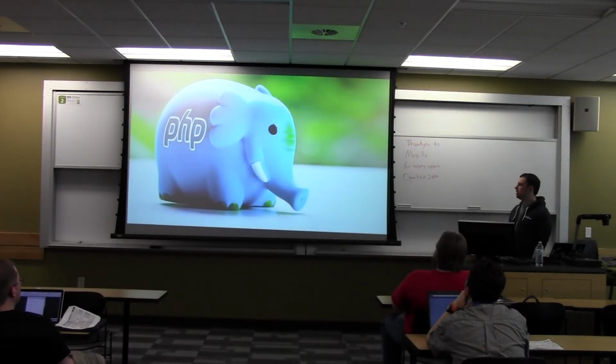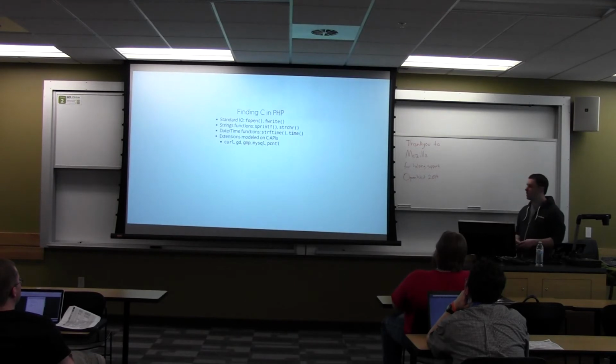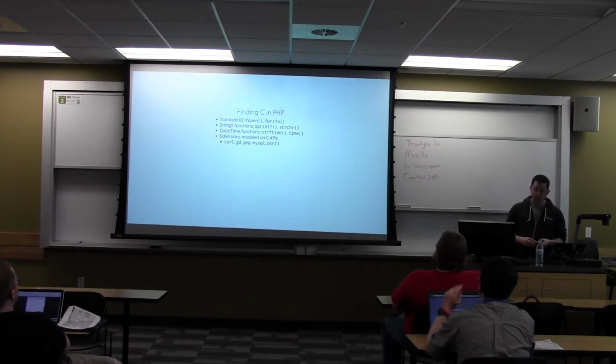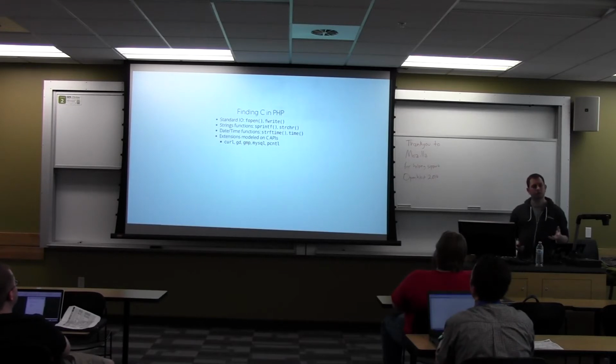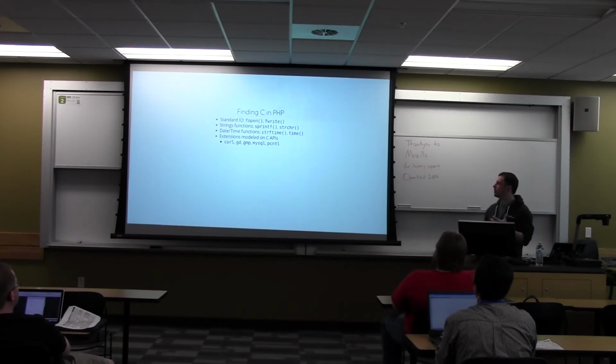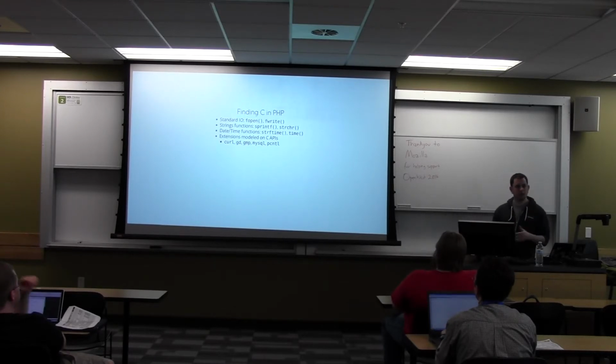So starting off with PHP and where we find C with that. One of the easiest places to look is all the PHP I/O functions. Maybe nowadays we might use third-party libraries and components that abstract this with classes and things. But the basic PHP functions for opening files, writing to them, closing files, all those I/O functions are basically lifted from the C APIs.